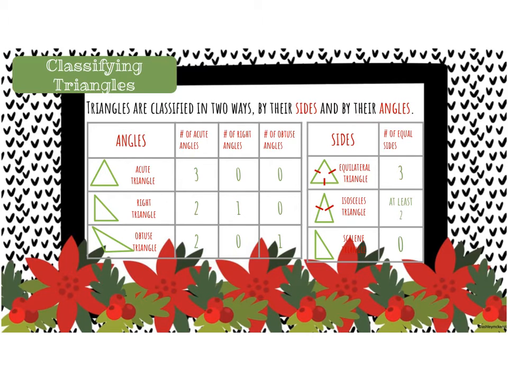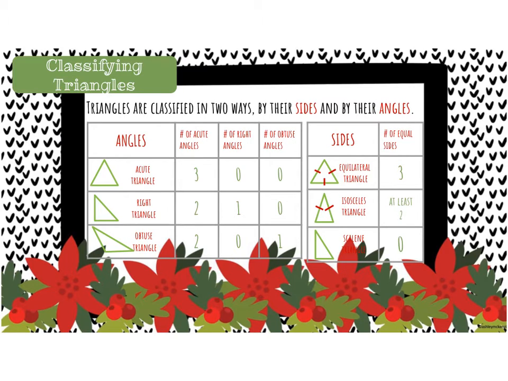The other two will have to be acute. So here's my right angle here. The other two are acute, which means they are less than 90 degrees. For obtuse, I can only have one obtuse angle. It's the widest angle in the entire triangle. The other two are going to be little bitty. Those are going to be acute.